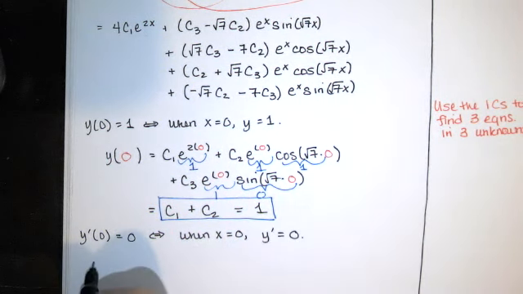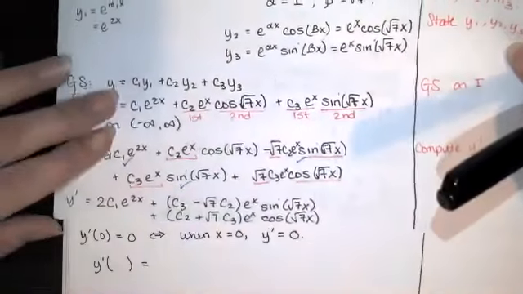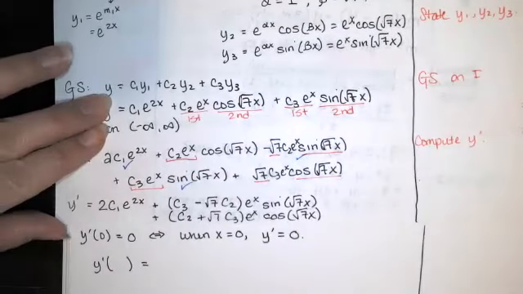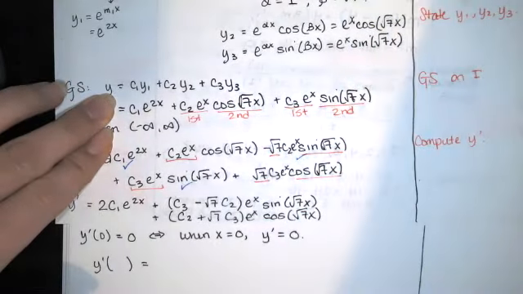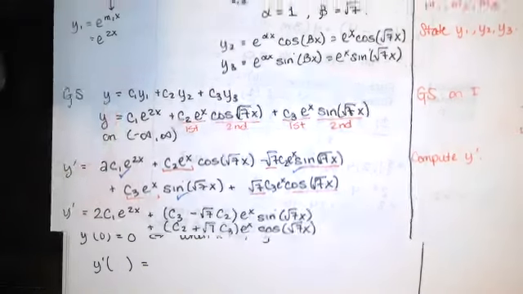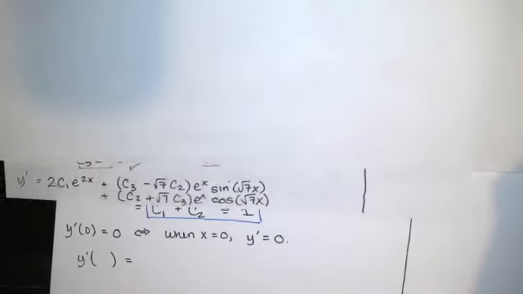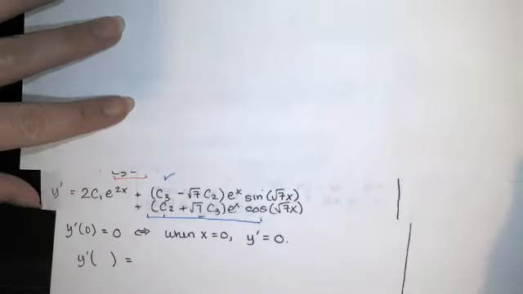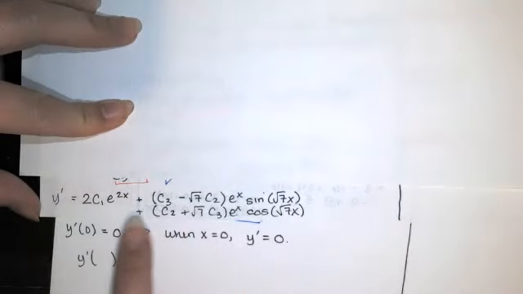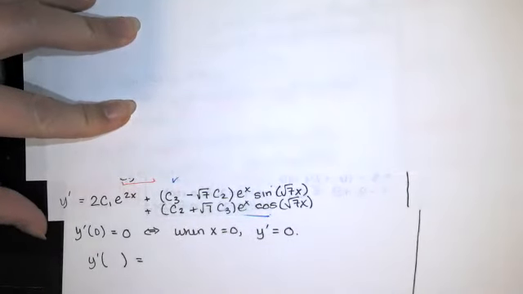So we will evaluate y prime at 0, and y prime has this expression here at the very bottom. I just want to cover up everything else so that you're not distracted by what you see there. All right, so there's your y prime. We're substituting in x equals 0 here.